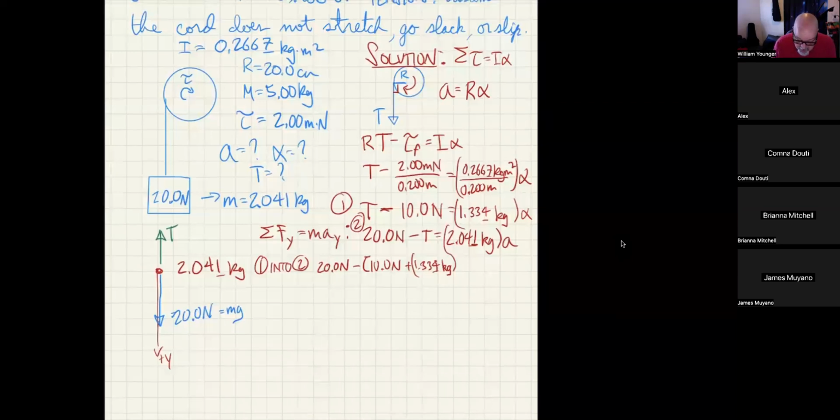All that times alpha, and that's the tension part, equals 2.041. Again, that part's an extra sig fig there. Kilograms times A.